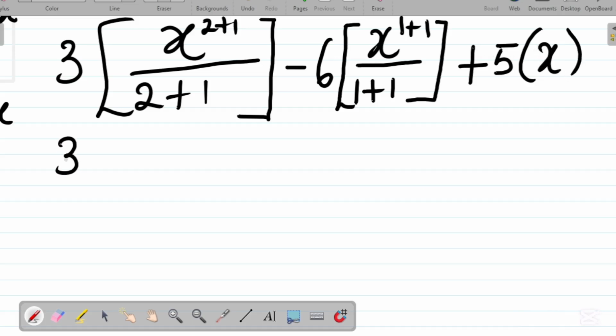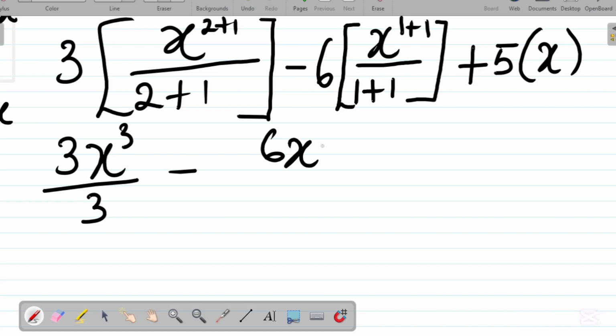So we have here 3x raised to power 3 all over 3 minus 6x squared all over 2 plus 5x.